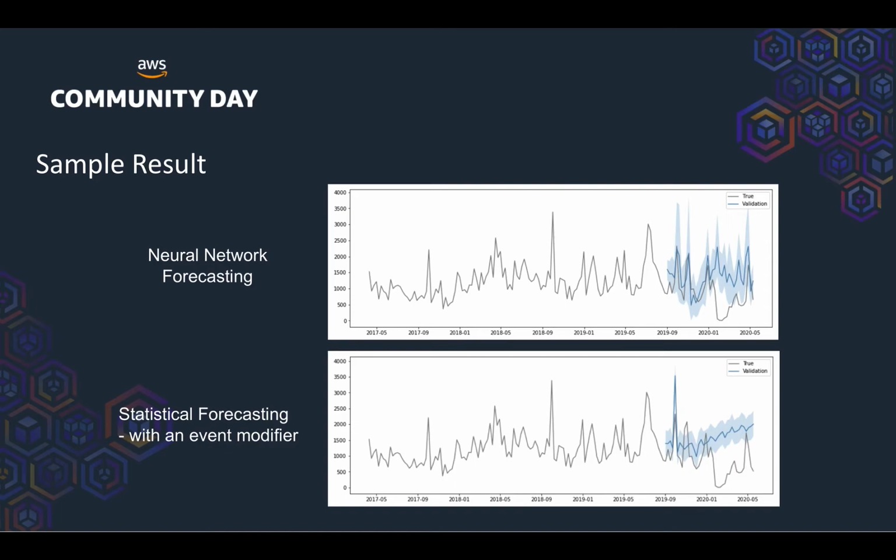This is the reality of using a statistical model. In a real-world situation, most of the time, the sales will not be as perfect as the forecast result from a statistical model, which means the statistical forecast will have poor performance.